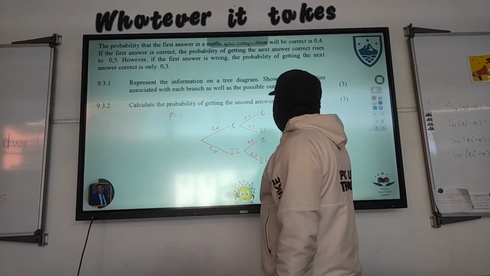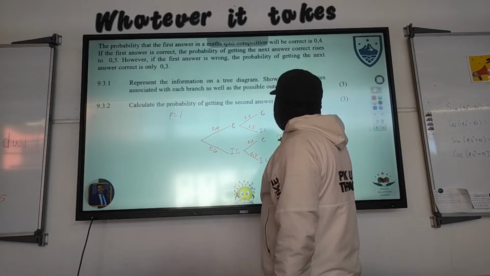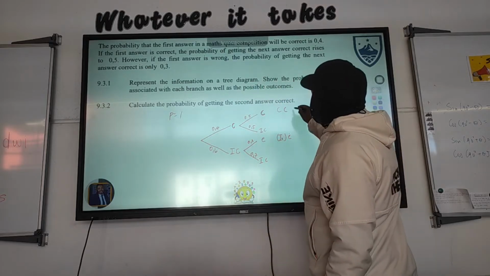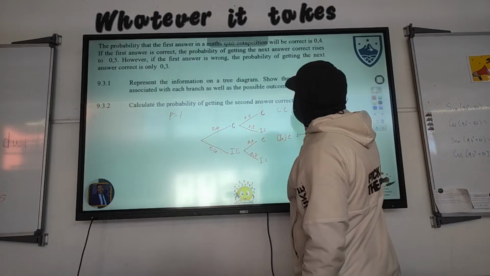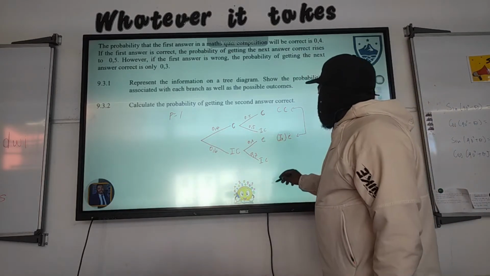So we have the combination incorrect and correct. It means these 2 branches are the ones that are going to give us the results. When you move along the branch, you multiply.